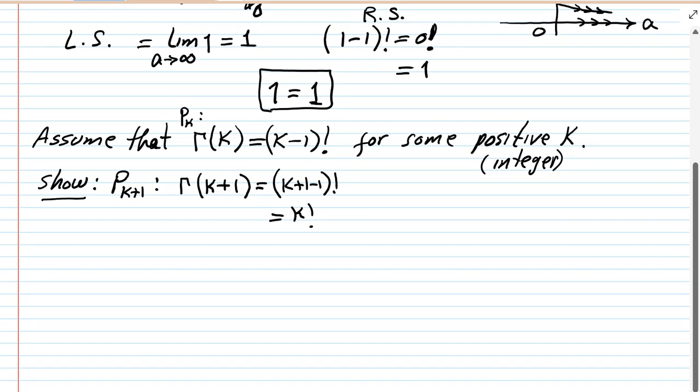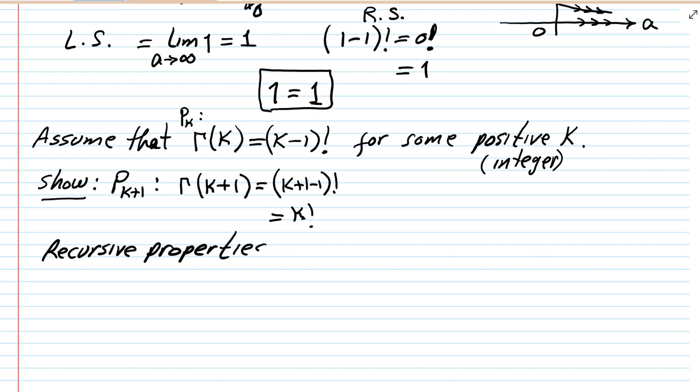Okay, now here is a little catch that I mentioned in the beginning of the video: when you prove by induction, there's a little catch, and here's where the catch is. There is a recursive property of the gamma function, which can be proved mathematically from the definition of the gamma function.